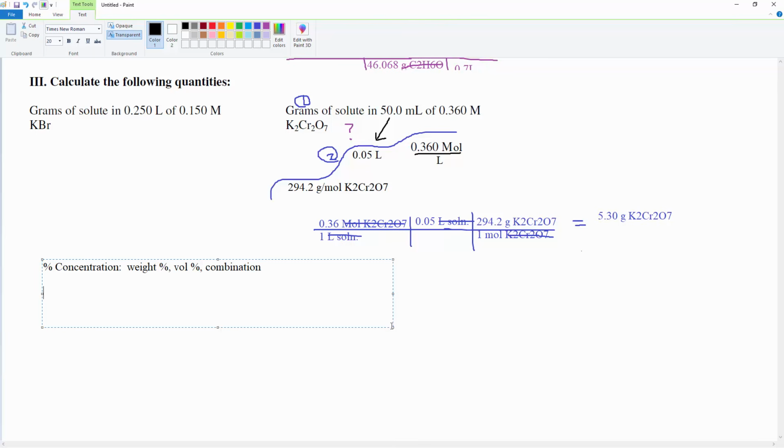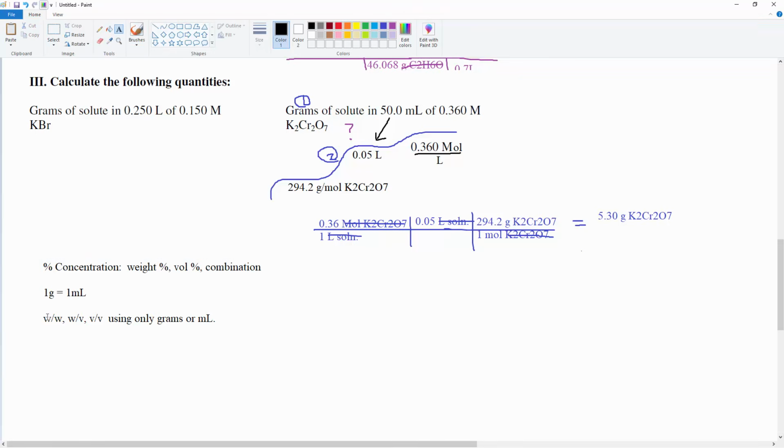So for a solution which contains water, we look at 1 gram and 1 milliliter as being roughly the same. So when we're doing our percentage concentrations, it's either weight over weight, or weight over volume, or volume over volume. Any one of these can work, so long as we're using only grams or milliliters.